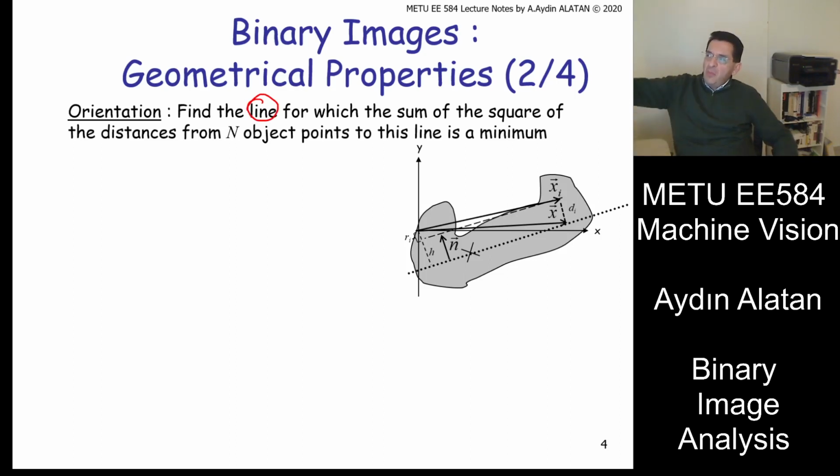That line will show me the direction of the ship, the direction of the silhouette, whatever, and it minimizes the sum of the squares of all the distances to this line I'm talking about. When you say distance, it is the minimum distance. Therefore, they should be orthogonal, all of them.